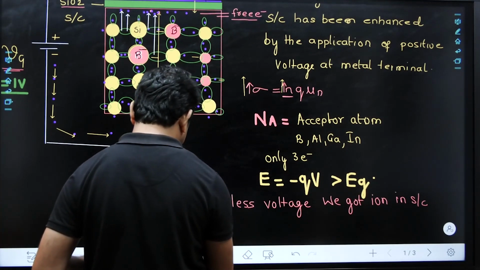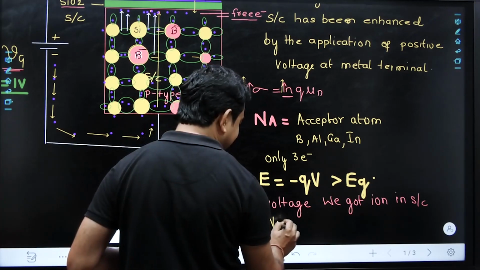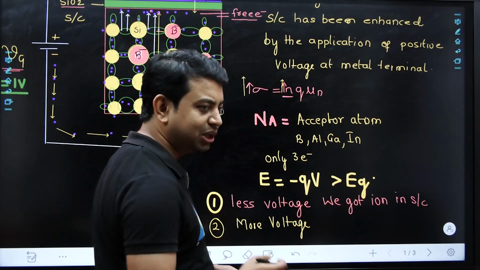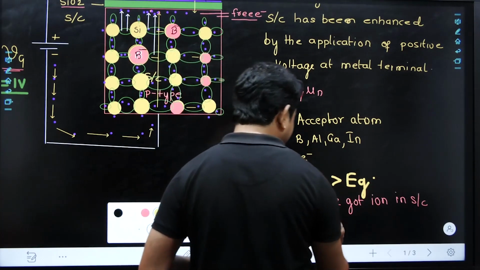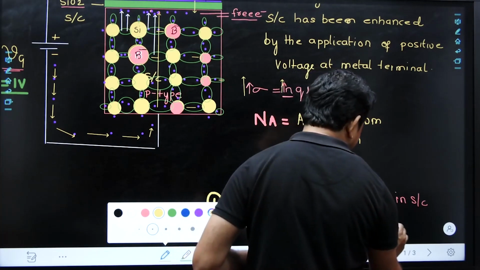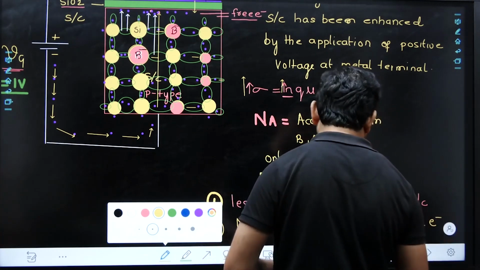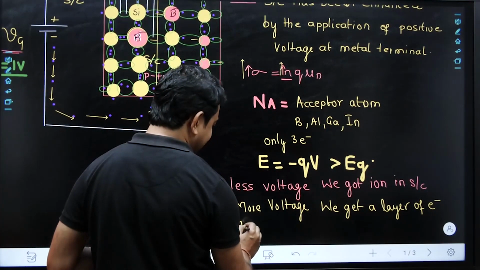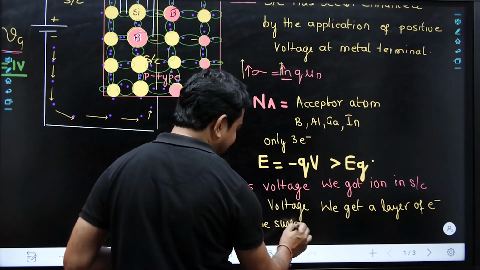If you apply more voltage, and the voltage is sufficiently high that it gives the energy to the electrons so that they escape out from the covalent bond, then we get a layer of electrons at the surface.